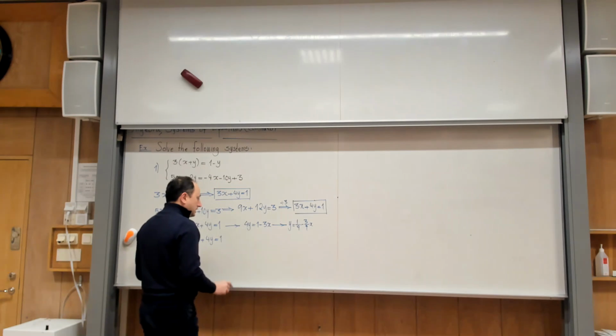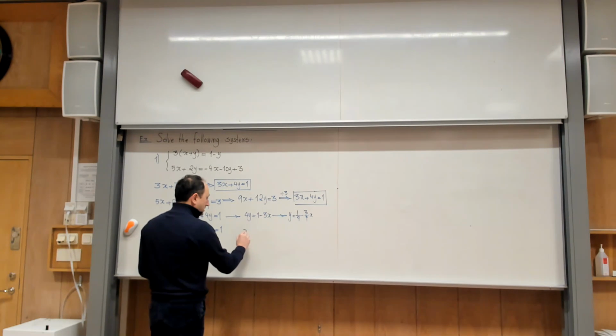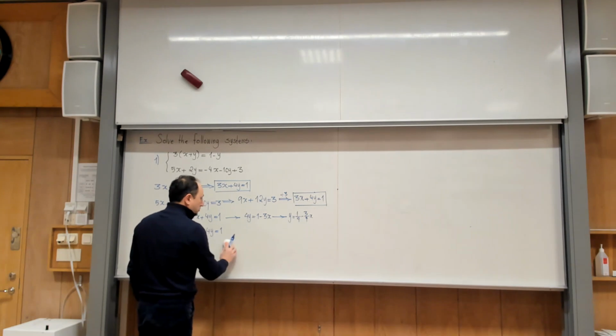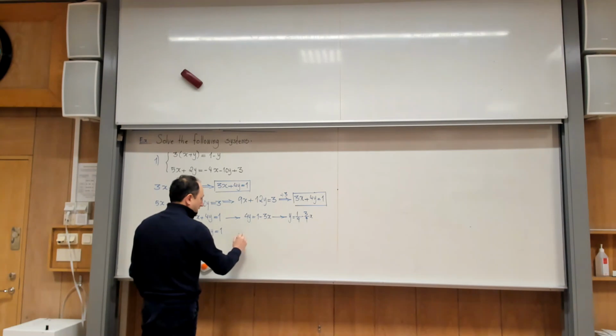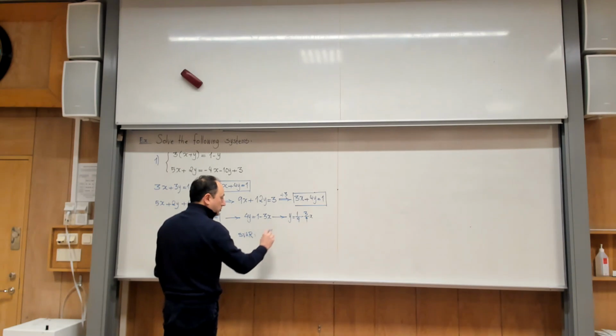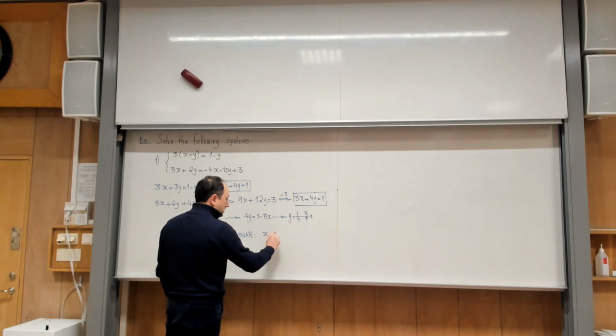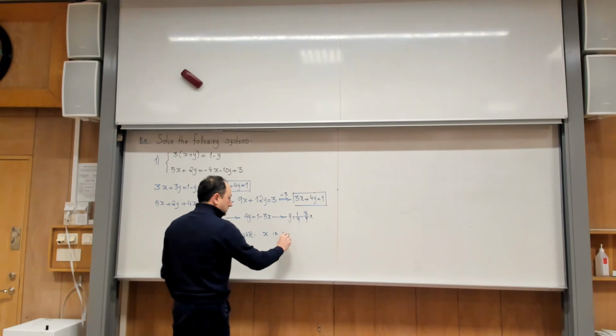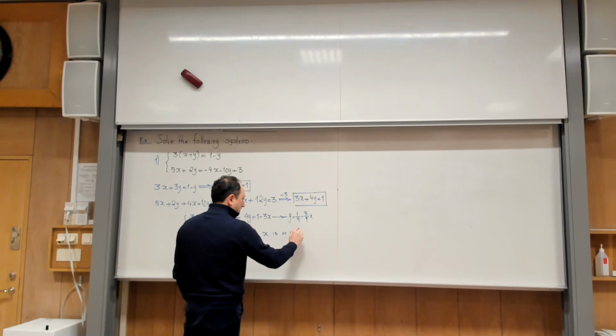So you see, this tells you that x is arbitrary. So let me write an answer here. If you want to answer this question, you would say, what is x? x is any number that you like. x is an arbitrary real number.